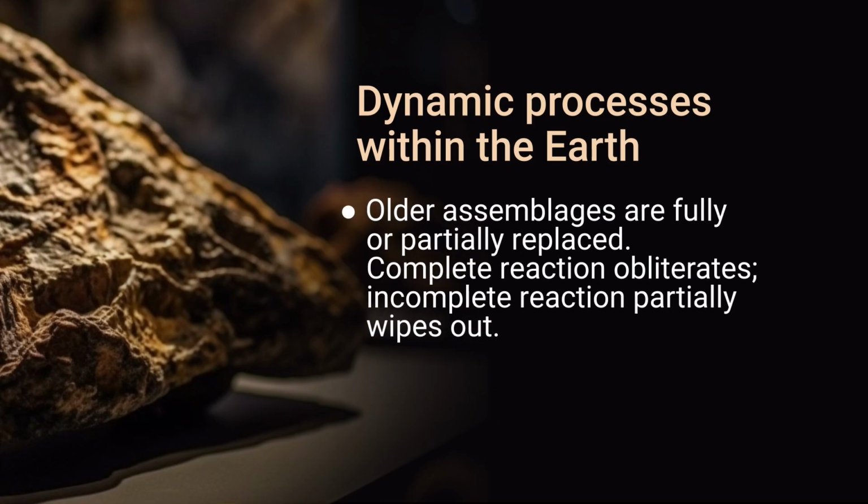And if it is older, assemblages can be fully or partially replaced. If there is complete reaction, then this obliterates the earlier mineral texture. But if it is incomplete reaction, then the original texture or minerals is partially wiped out. So these are due to the dynamic process occurring within the earth.